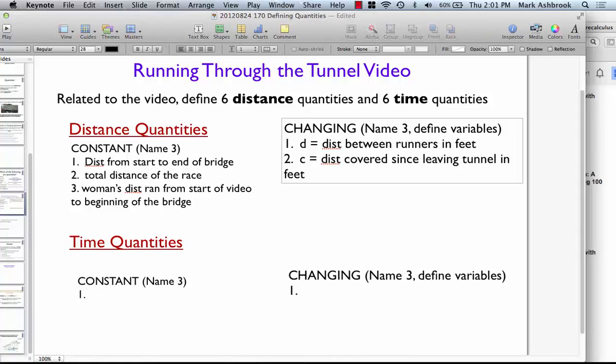Is it a quantity? Is it specific enough? Maybe. We've got to pick which runner we're talking about, because the woman's covering a different distance than the man is. So the distance covered by the man.